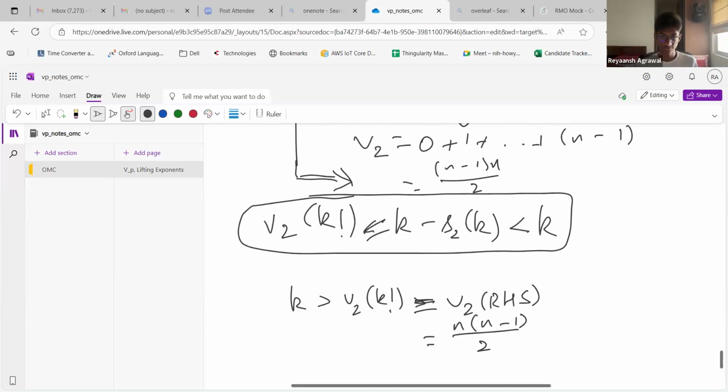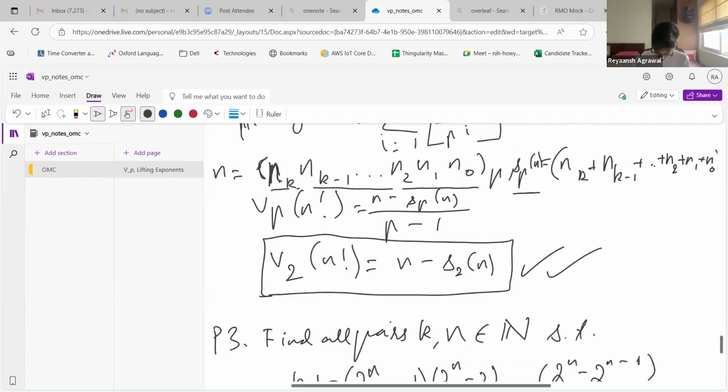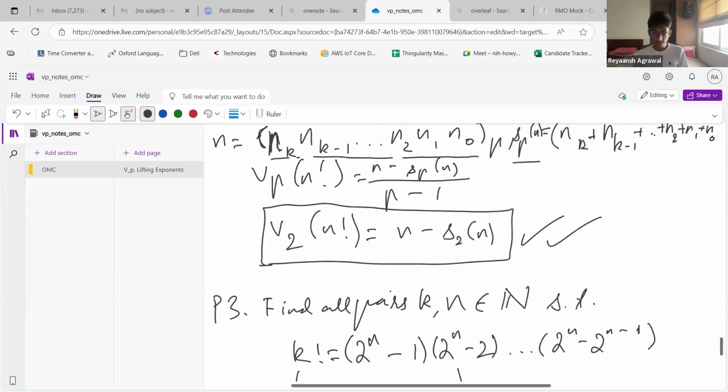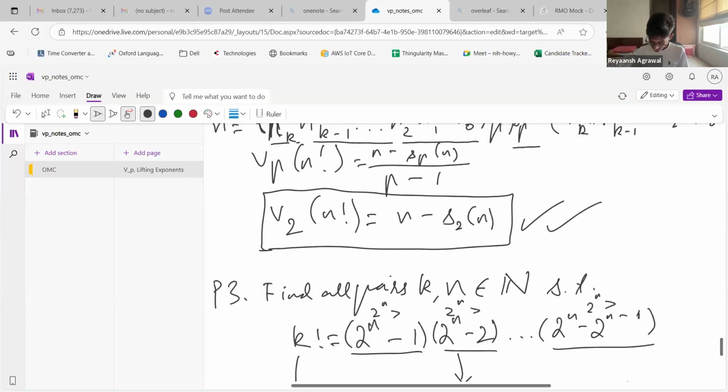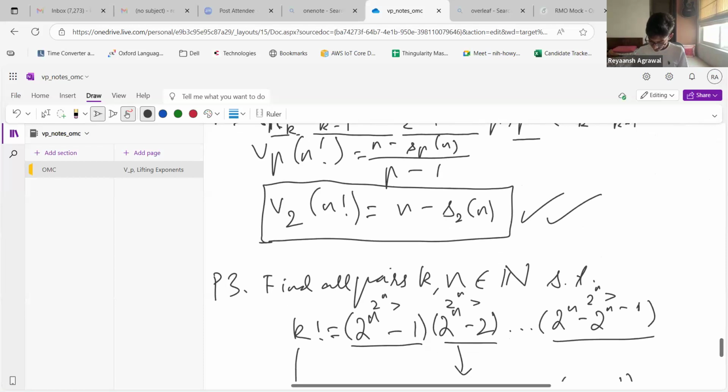Now what do we do? Another thing you can note is that 2 power n is greater than each one of these terms, right? 2 power n is greater than this, 2 power n is greater than this, and so on. So can you try to bound the RHS somehow?